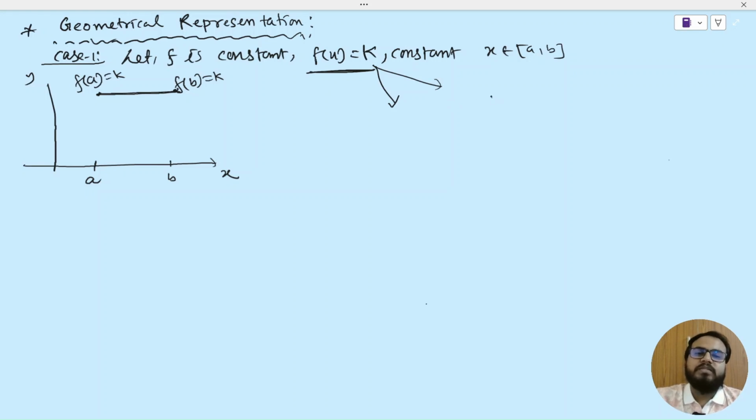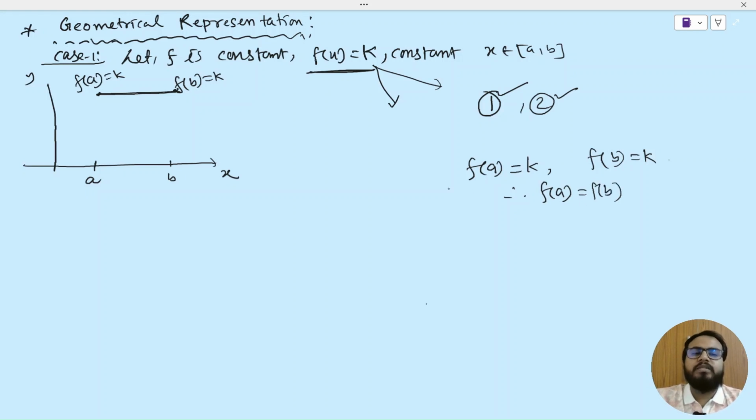Thus, f satisfies the first two conditions of Rolle's theorem. We also claim that f satisfies the last condition, because the value of f at the point a is equal to k and the value of f at the point b is also k. Therefore, we can write f(a) = f(b). That means f satisfies the last condition of Rolle's theorem.